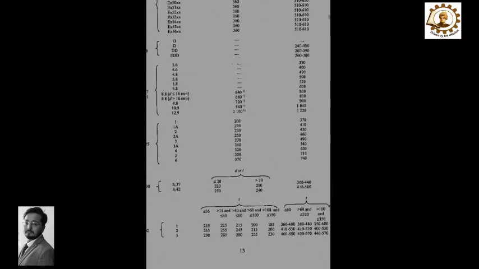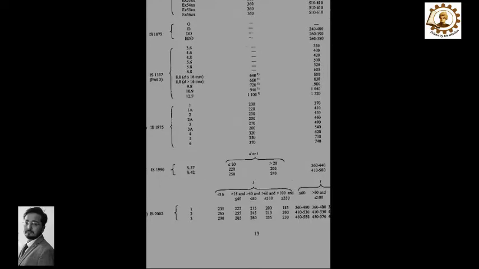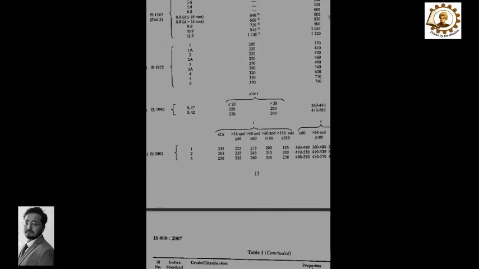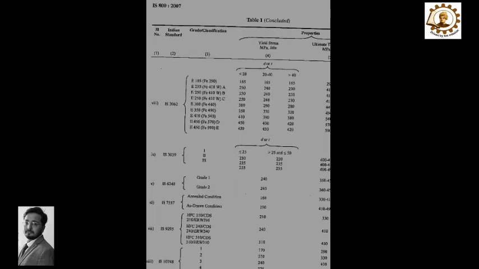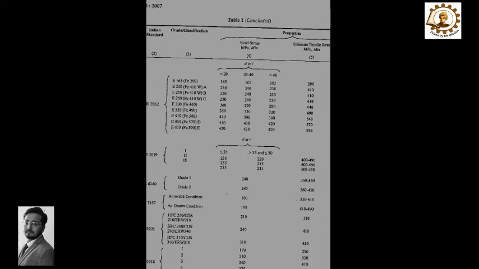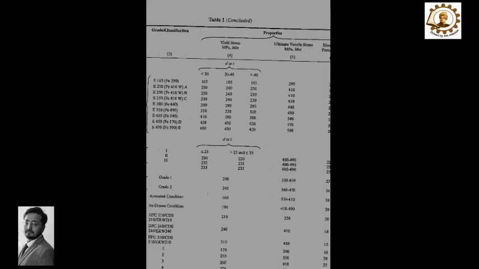Serial number 4. For 4.6 grade, the ultimate tensile strength is 400, and this is in MPa, meaning Newton per millimeter square. And for Fe410 grade steel, look, page number 14, serial number 8. Fe410 has three classes, but there is no change in ultimate tensile stress for the various classes, so you don't have to bother about the classes.